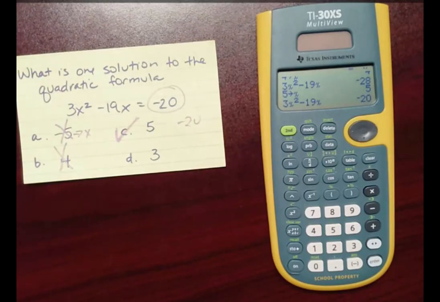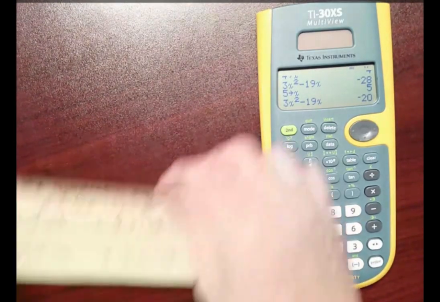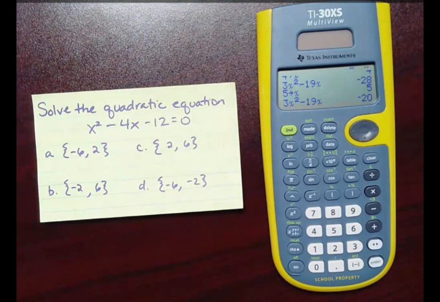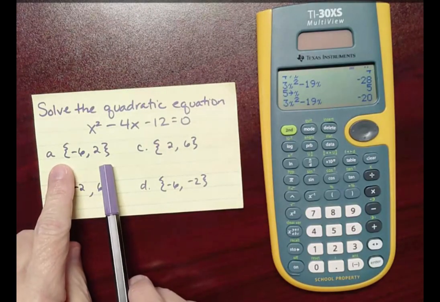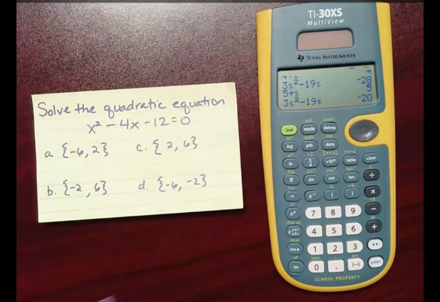So that's one example. Another example, as I mentioned, a lot of times quadratic equations have two possible answers. And so sometimes you might see this where it says solve the quadratic equation, and I have answer choices in these little brackets. This is different than if you have parentheses with two numbers in it. Parentheses with two numbers in it indicate an x and a y, and it's a spot on the coordinate plane.